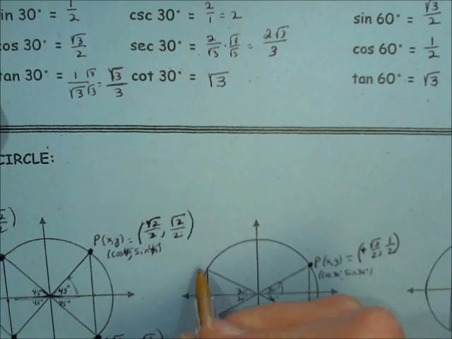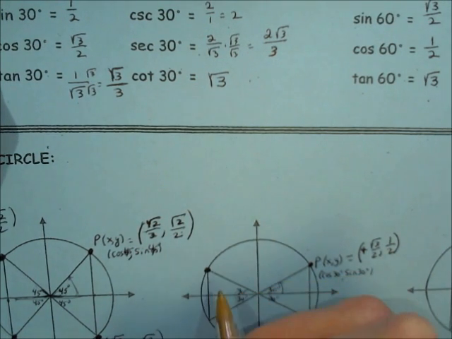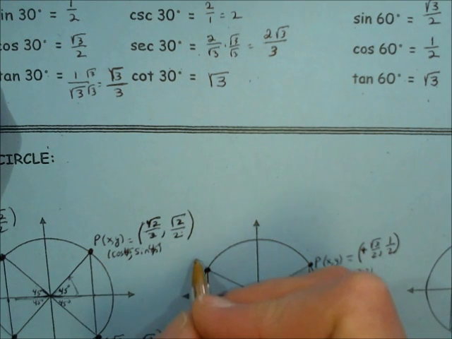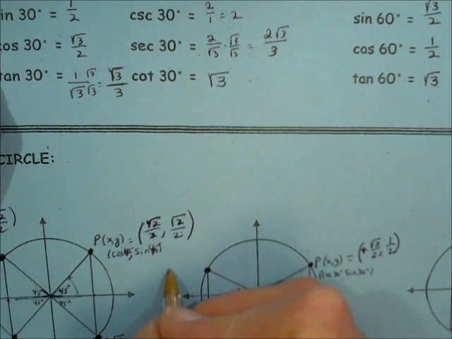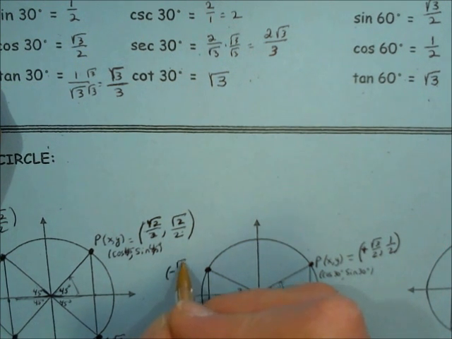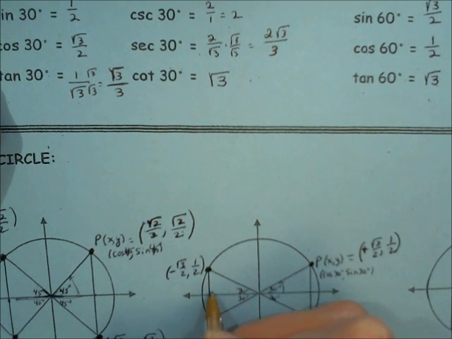Now, because of symmetry, we're going over here in the second quadrant. The x value, or the cosine of the angle, is negative. So this point here has coordinates negative square root of 3 over 2, but the y value is positive because we're going up.